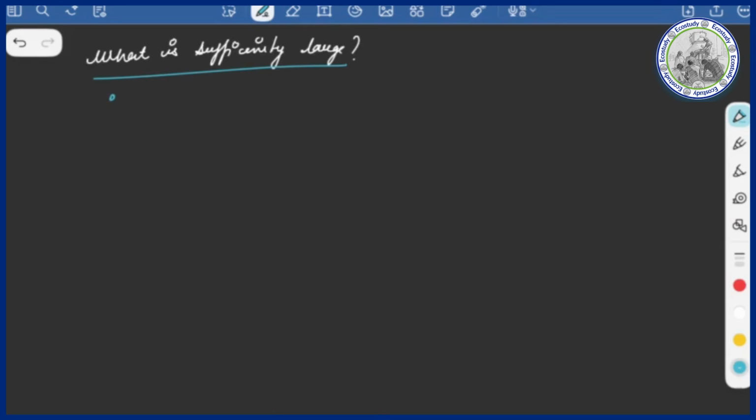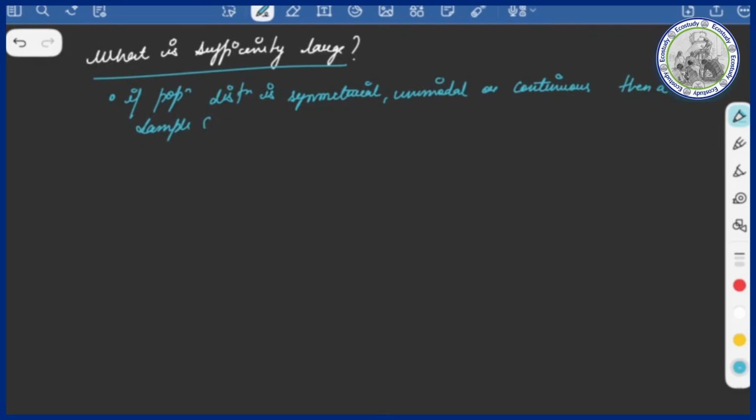First, if the population distribution is symmetrical, unimodal or continuous, then a sample size as small as n equal to 4 or n equal to 5 is enough.